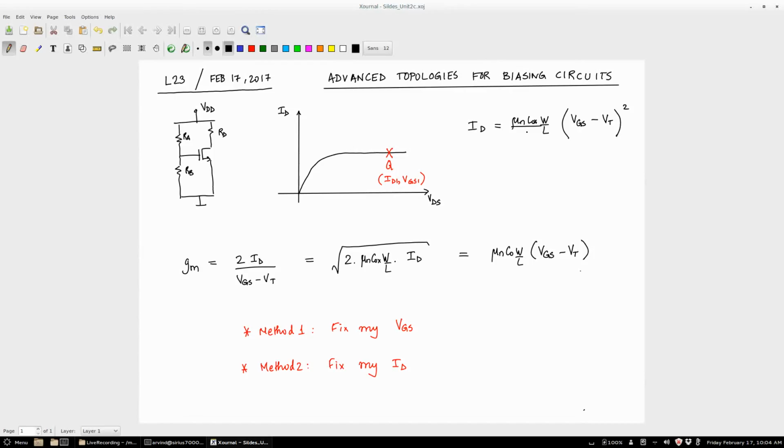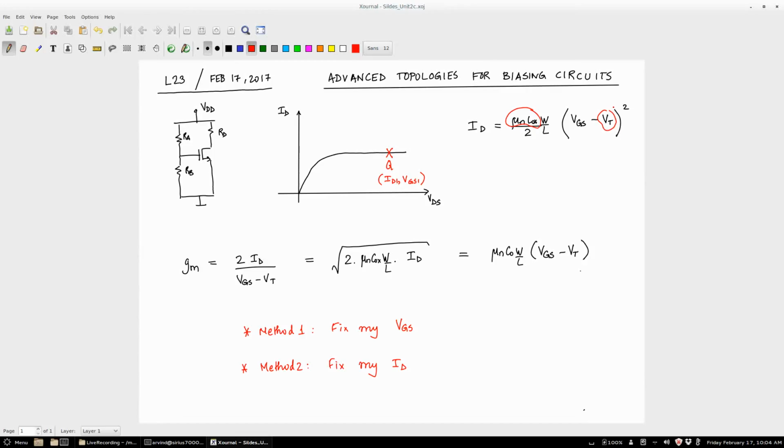How is it a function? It is, correct. So this is a good point. What that function of VT in saturation was mu Cox W into VGS minus VT squared whole thing divided by 2L. So yes, ID is a function of VGS. However, you notice that it is also a function of mu Cox and VT.